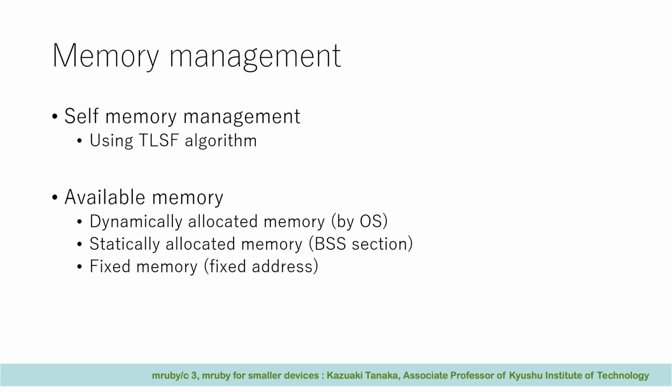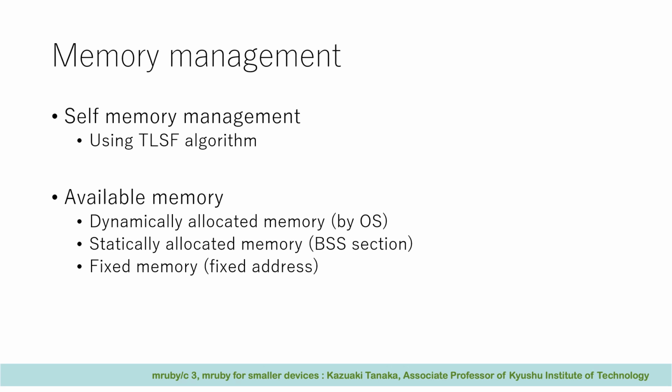Some target devices already have a dynamic memory allocation mechanism implemented, like Windows or Linux. But some kinds of real-time operating systems support only static memory allocation. mruby/C is supporting such static memory allocation.